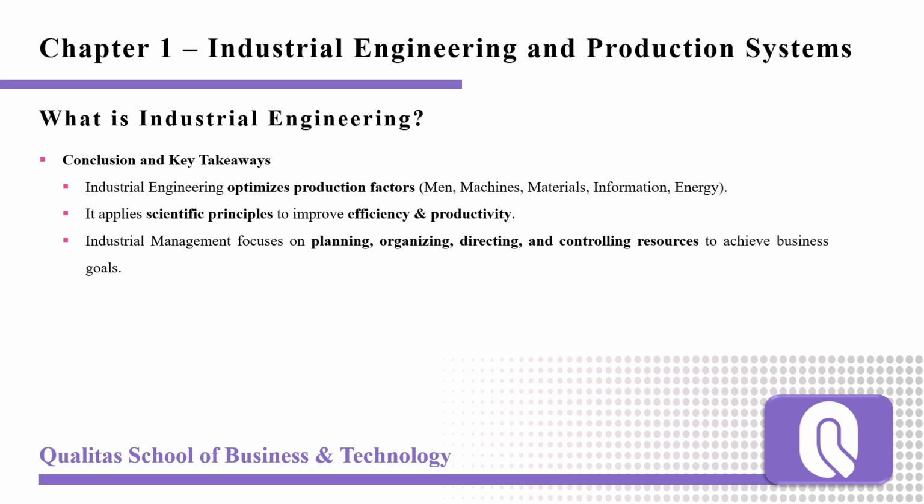I remember working with a beverage manufacturing plant where we could see this optimization in action. We had skilled operators working with automated filling machines, using raw materials that arrived just in time, all coordinated through a digital transformation system that monitored energy usage. The result was seamless operation that increased productivity by 30%.